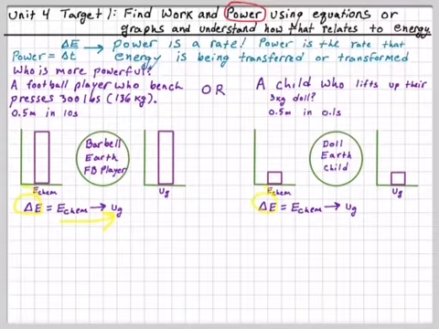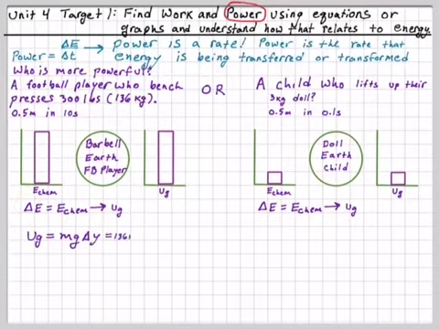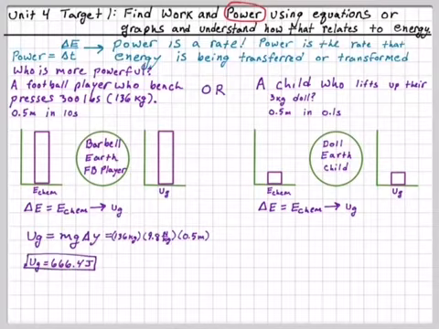Let's throw in some values and answer this question. The first thing we need to find out is how much energy transformed into UG. We just apply our gravitational potential energy equation, mass times gravity times the change in height.